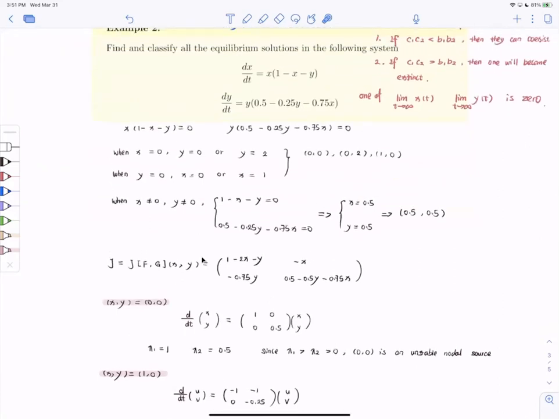Let's see this. So here we have to find the equilibrium solution. As before, you let this equal 0, you let this equal 0, and then you can find the equilibrium solutions, which are (0, 0), (0, 2), and (1, 0). And when x and y are both non-zero, you solve those two equations simultaneously, you will get 0.5 and 0.5, just as before.